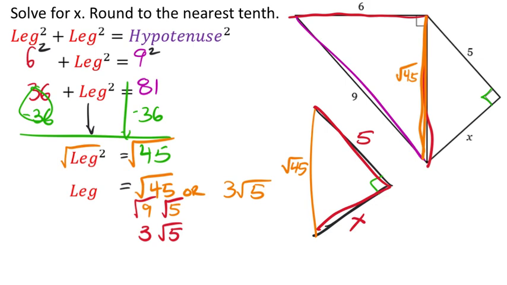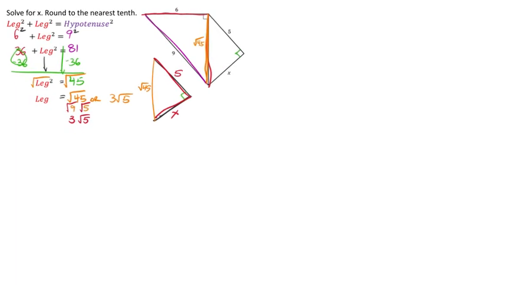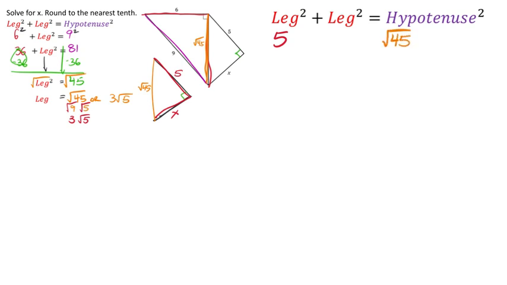We'll solve for this one pretty much the same way as the last one because we are solving for a leg once again. So we're going to go back to the Pythagorean theorem. We love it so much that it's good to see it again. I have one of the legs of this new triangle, which is 5, and a hypotenuse, which I have in orange as the square root of 45.